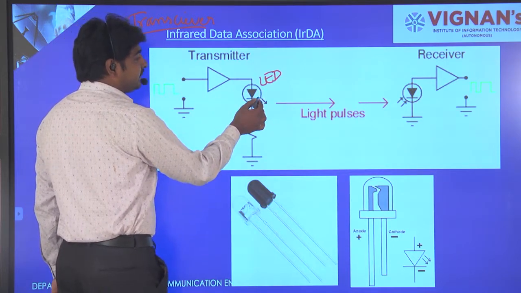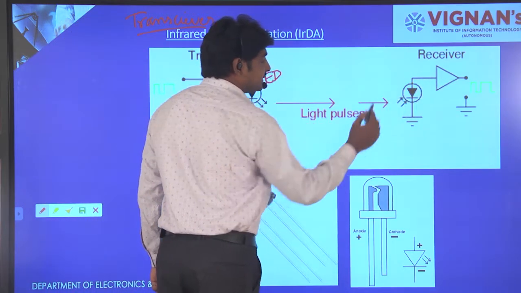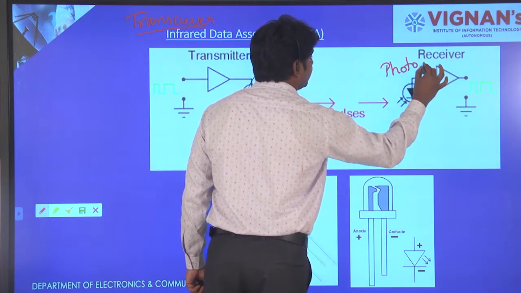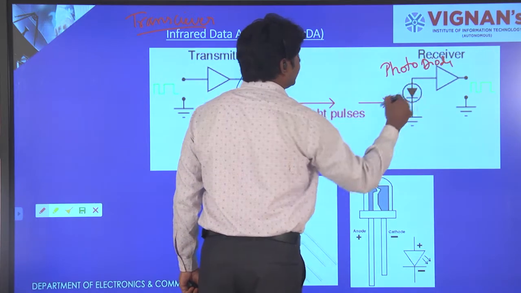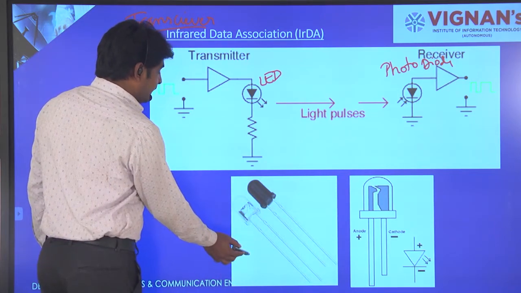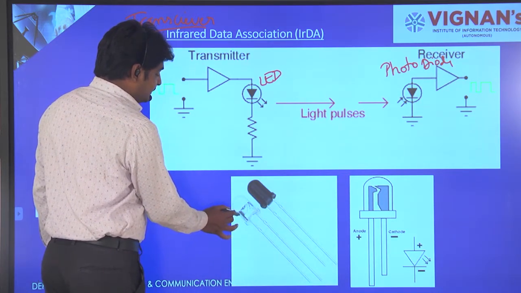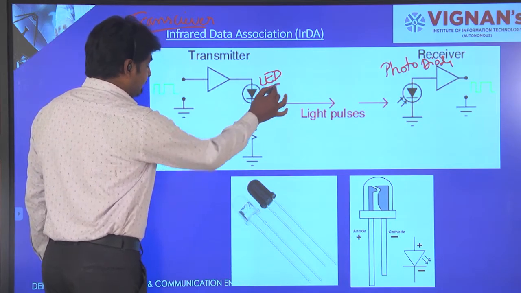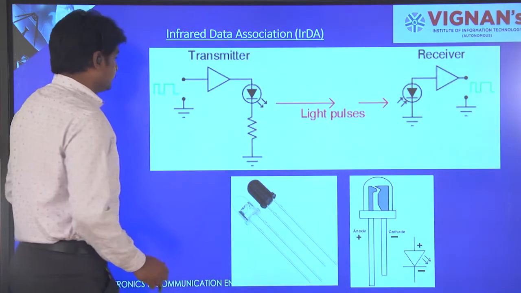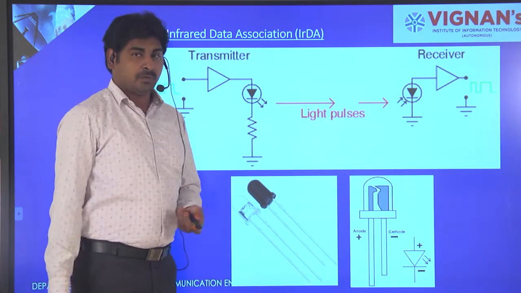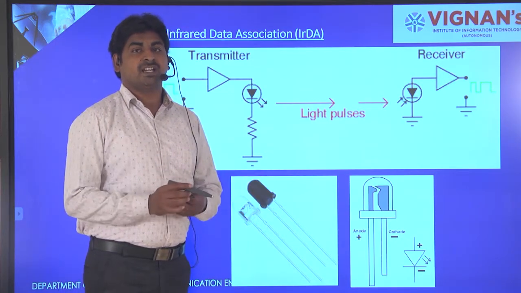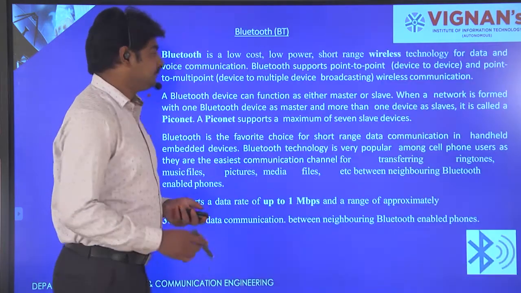The IR light is transmitted to the receiver. At the receiver you will have a photodiode, which will capture this light and act accordingly. So this is the IR LED, and this is a photodiode. Like your remote is the transmitter, and the receiver is present in the TV. Both are combinedly known as a transceiver.